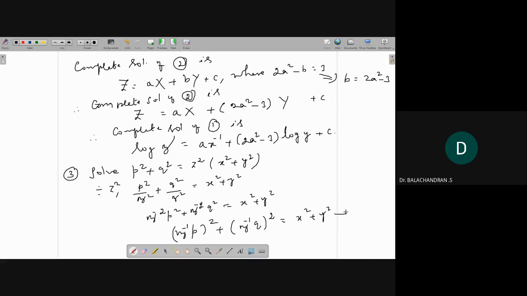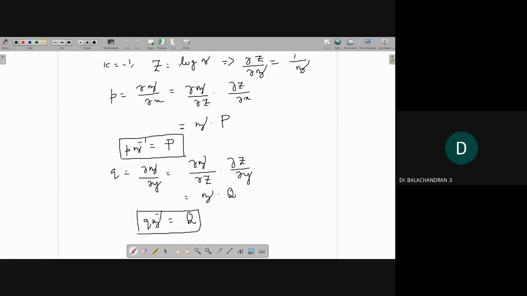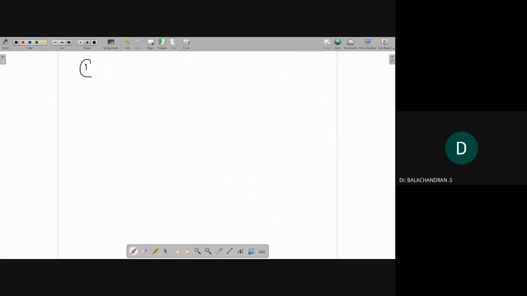You call this equation 1. This is capital P and this is capital Q, so P square plus Q square equal to x square plus y square. So equation 1 implies we have capital P square plus capital Q square equal to x square plus y square.